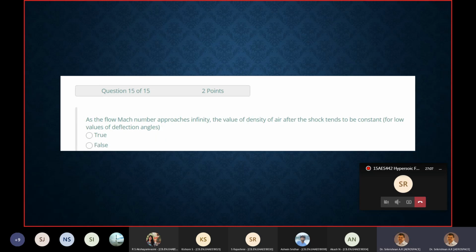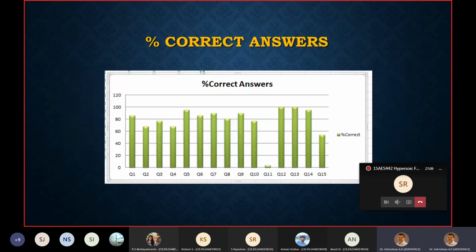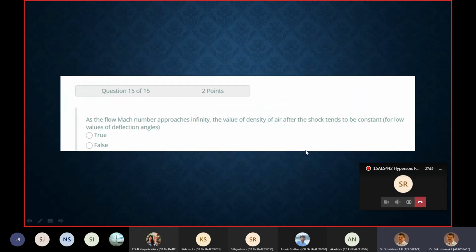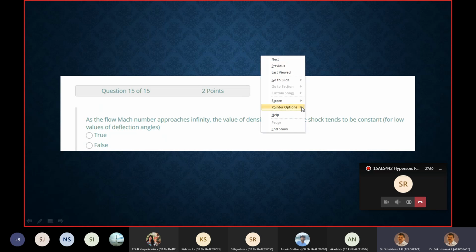The last one also, let me see, question 15. For some reason, I guess it's close to 50%, or just above 50%, who got it correctly. Let's see if there is any ambiguity in the statement. As the flow Mach number approaches infinity, the density of... please keep in mind that what we are asking here is the value of density, which is rho.